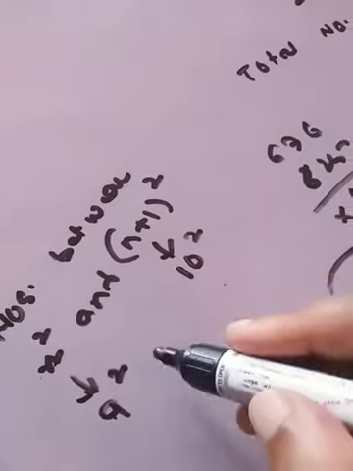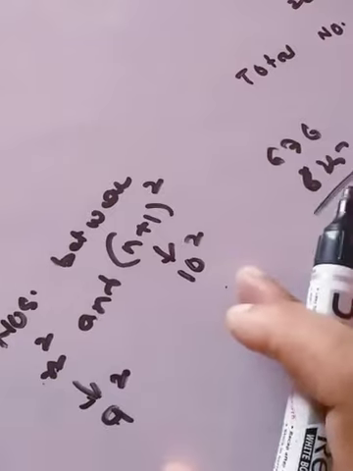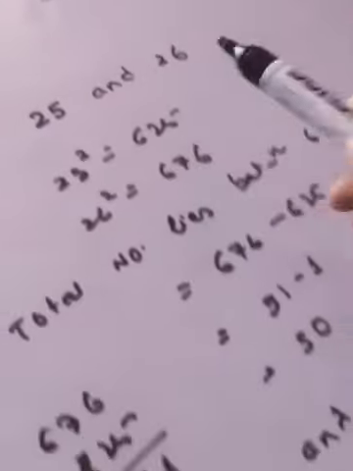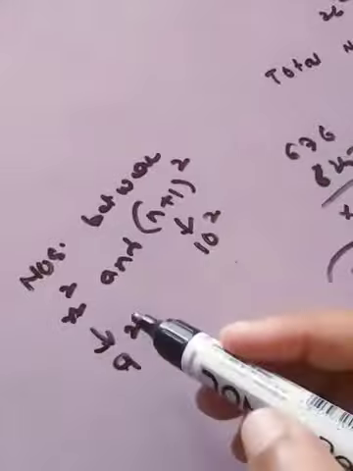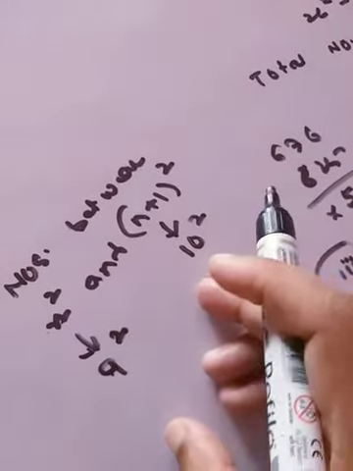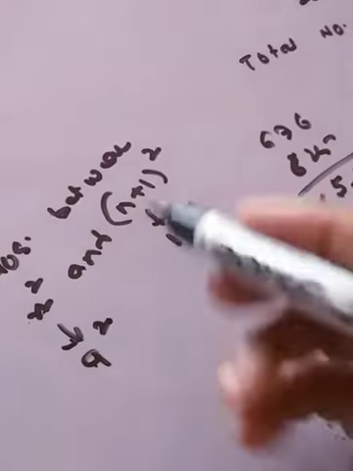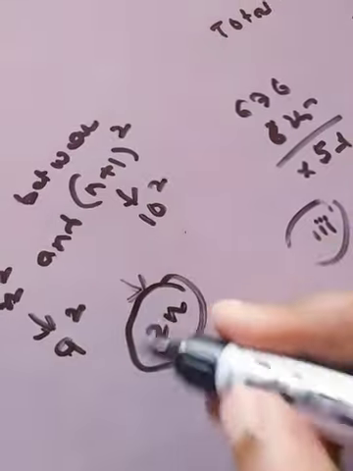There is one particular formula for the squares of any two consecutive numbers. They have to be consecutive numbers, as in 25, 26, 99, 100. This formula is only applicable when we are asking how many numbers are between the squares of consecutive numbers. The solution is 2n. So this is the formula.